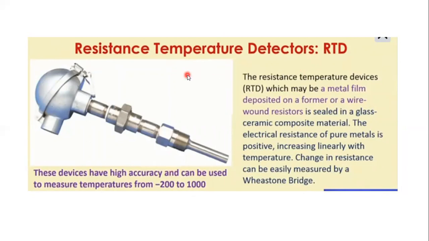RTD is just a thin wire which is made of either platinum, copper, tungsten or nickel. For example, platinum, copper, tungsten and nickel are used as RTD.